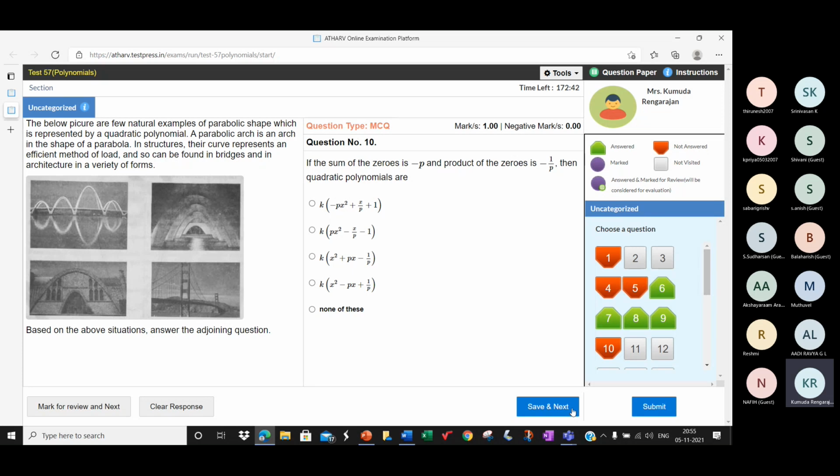Then the quadratic polynomial is option C. The sum is minus p and the product is minus 1 by p.